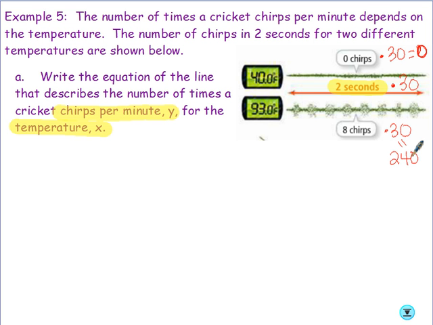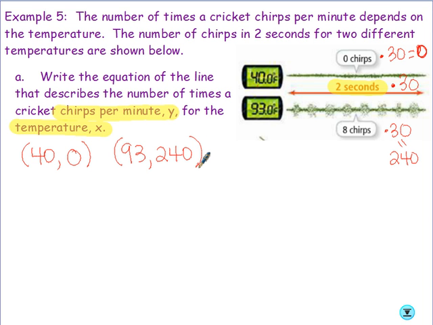So now what I'm going to do is take all of my information and write my 2 pairs. X is always temperature. My first temperature is 40 degrees. The chirps that go with 40 degrees is still 0 chirps. My second temperature is 93 degrees. My second set of chirps is 240.